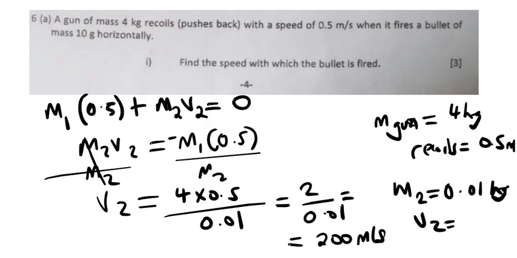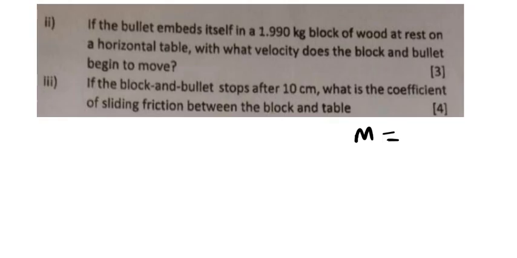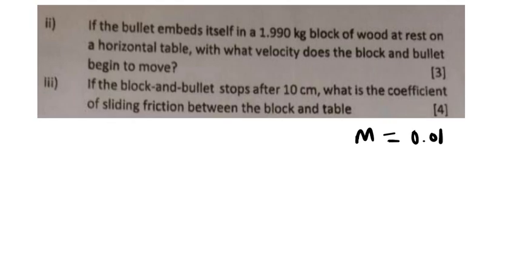Now let's say this bullet embeds. So we're going to have the mass that we had, 0.01, plus the mass that it has embedded in, 1.99 kg. When we add the two, 0.01 plus 1.99, it gives me 2 kg.